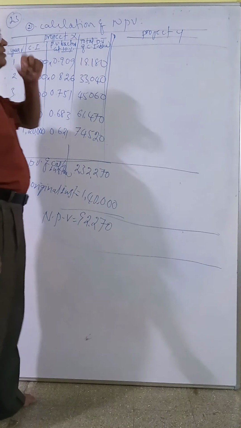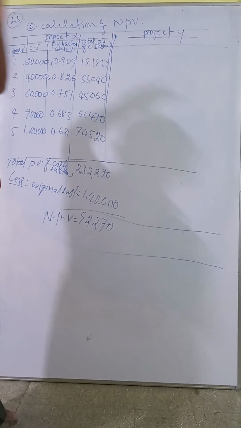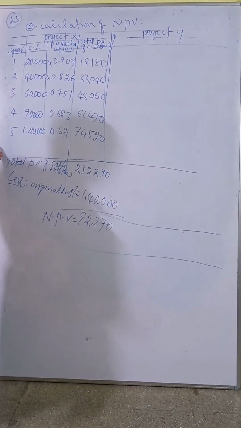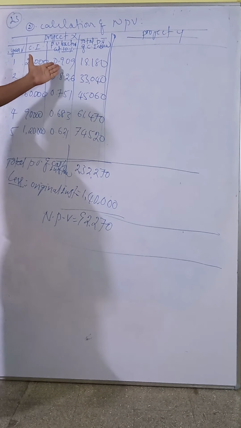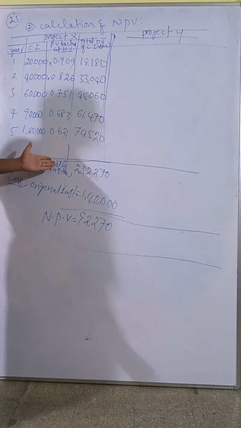Okay. Now, after understanding X project, you have to see Y project. Year is common. PV factor is also common. No need to write again.